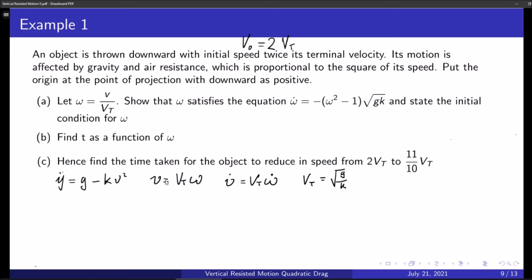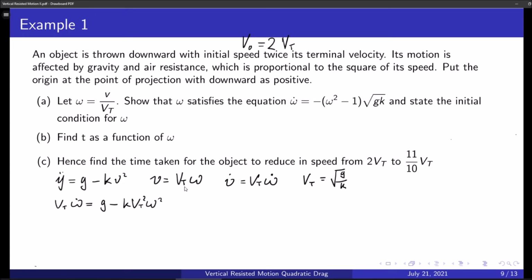Instead of the derivative of v, we can replace this with the derivative of omega, equals g minus k. Instead of v, we can replace with vt omega, so vt omega squared. Sorry, vt squared.